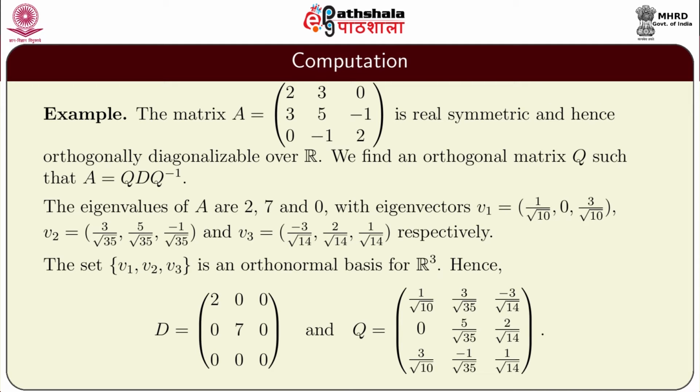To find an orthogonal matrix Q such that A is equal to Q D Q inverse, we see that the eigenvalues of A are 2, 7 and 0, and the corresponding eigenvectors are V1 equal to 1 by root 10, 0, 3 by root 10, V2 equal to 3 by square root of 35, 5 by square root of 35, minus 1 by square root of 35, and V3 equal to minus 3 by square root of 14, 2 by square root of 14, 1 by square root of 14.